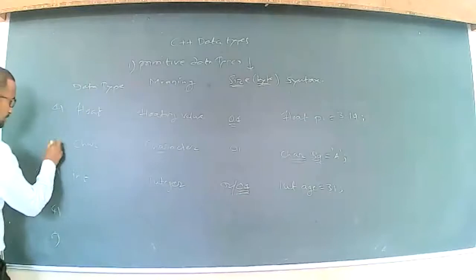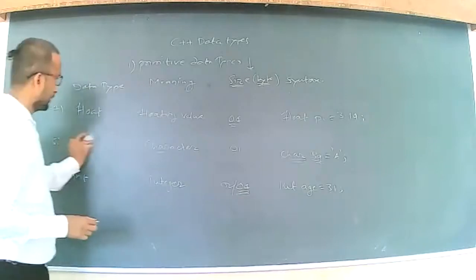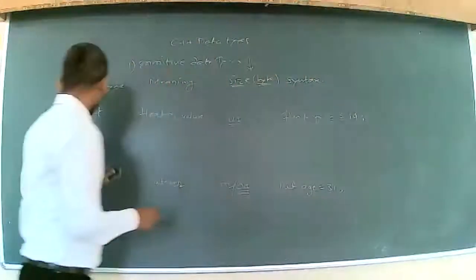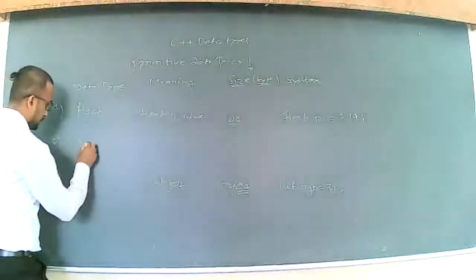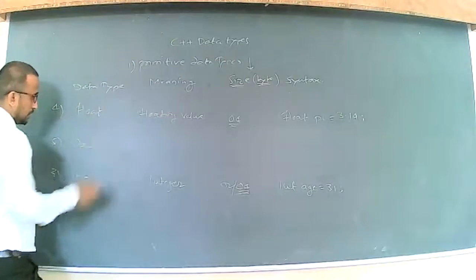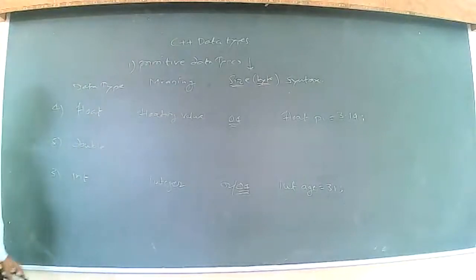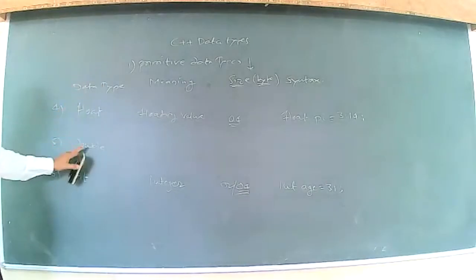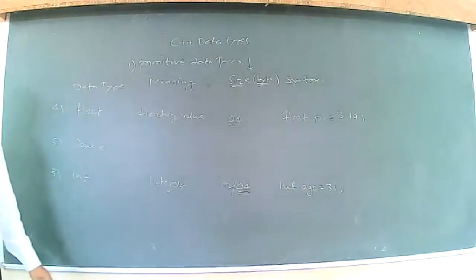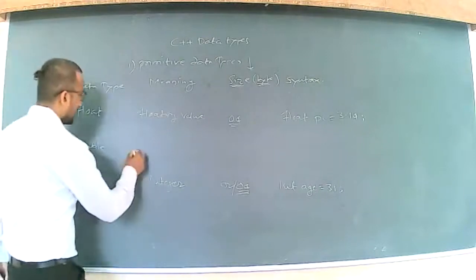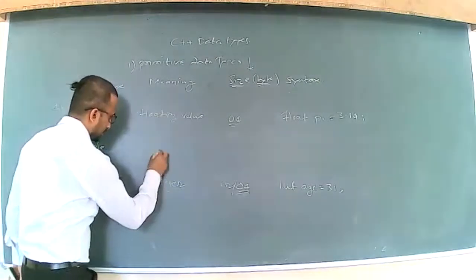Then the fifth one is there. After float we are having double. Now what is this double data type? The double data type is going to store a double-size floating value.